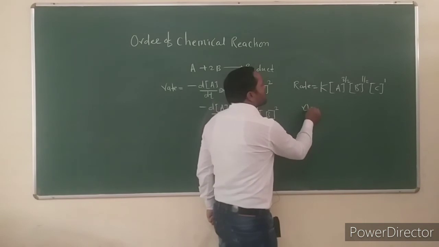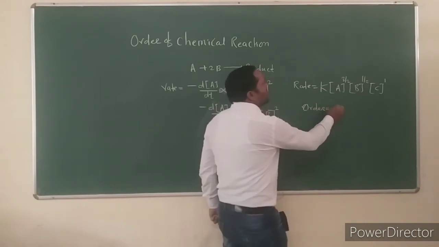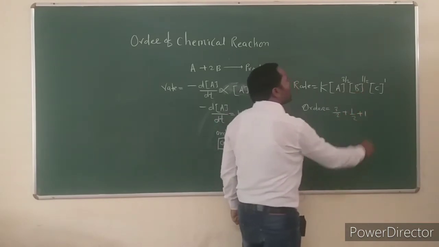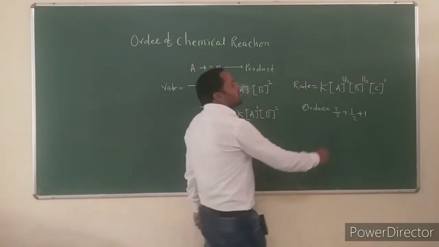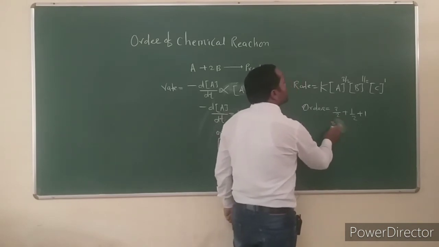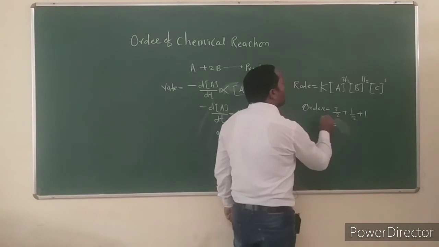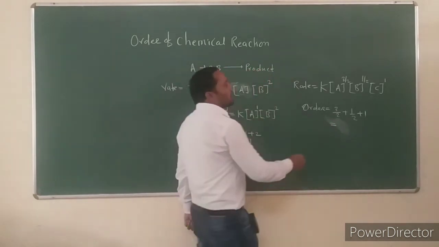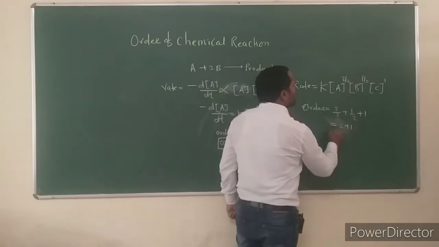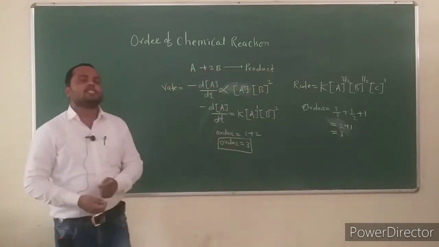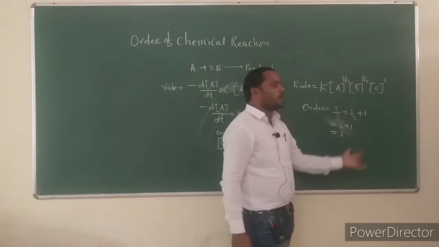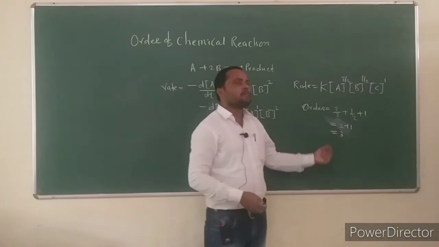The order of reaction is equal to the sum of the powers of concentration: 3/2 plus 1/2 plus 1. 3/2 plus 1/2 is equal to 2, 2 plus 1. The order of the given chemical reaction is 3.